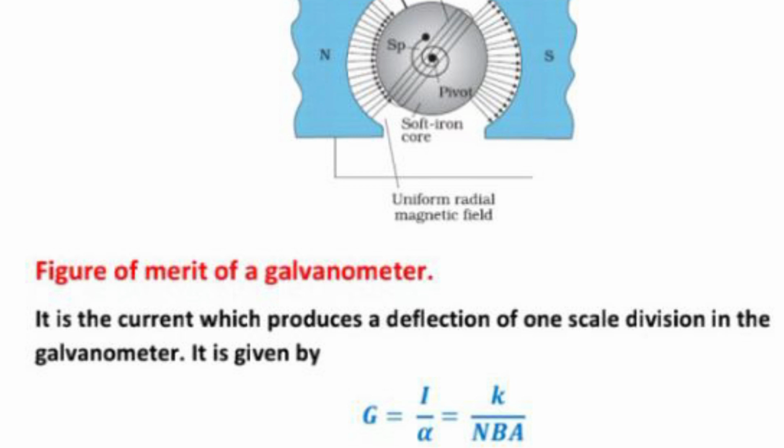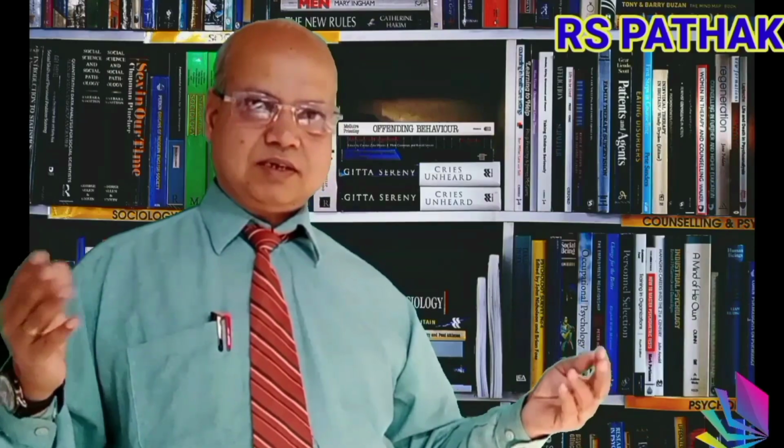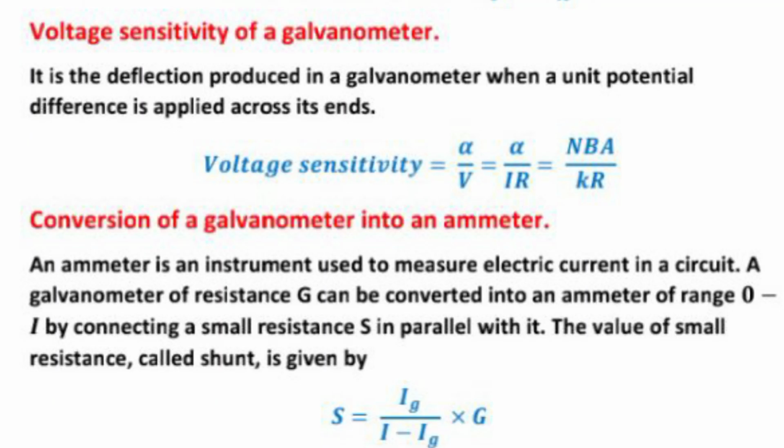Now, conversion of a galvanometer into ammeter. An ammeter is an instrument used to measure electric current in a circuit. A galvanometer of resistance G can be converted into an ammeter of range 0 to I by connecting a small resistance S in parallel with it.